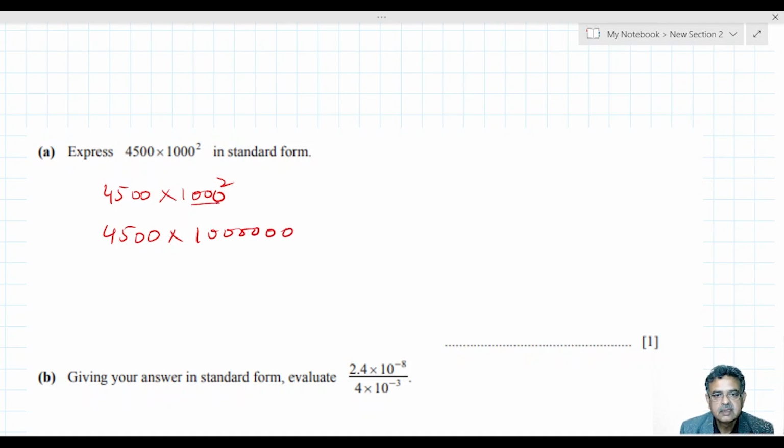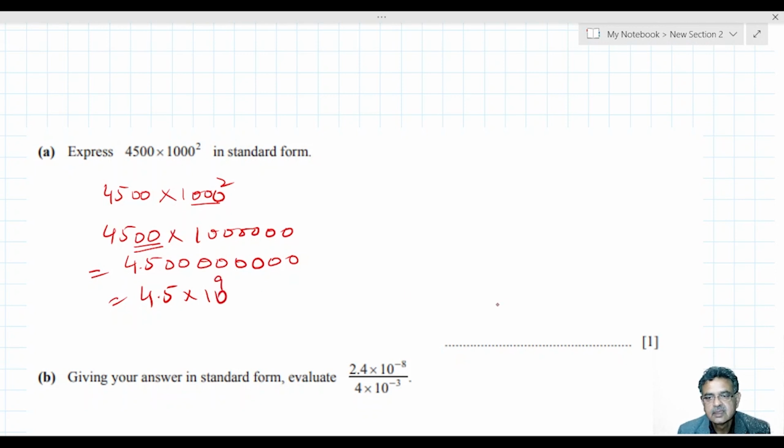Here are 3 zeros, 3 2s are 6. So 1, 2, 3, 4, 5, 6 zeros will be there. So when it is multiplied by this number, 2 zeros are here already, and 6 more, 2, 3, 4, 5, 6. 8 zeros and the decimal is here. That will be a total number of decimal places 9. So this will be 4.5 into 10 to the power 9.